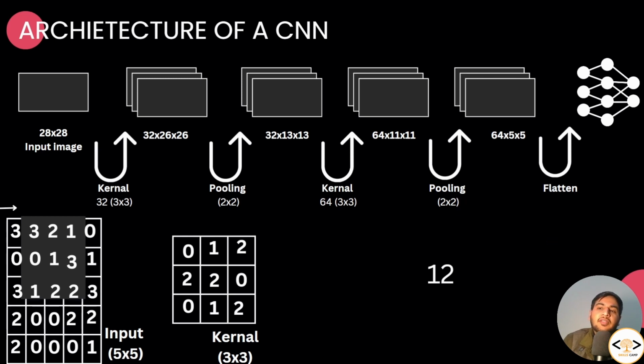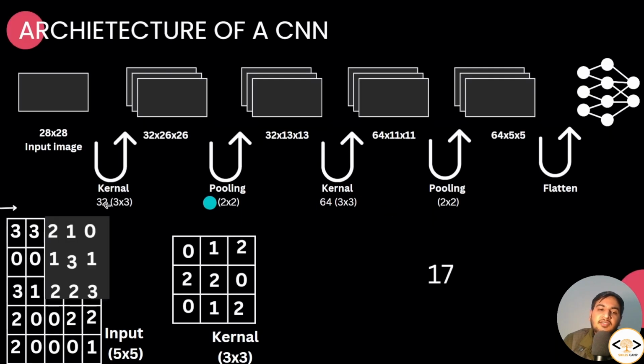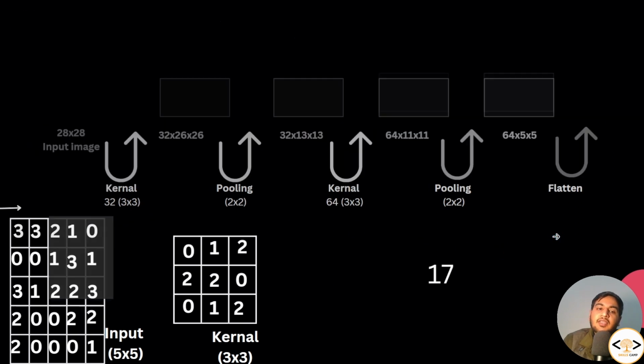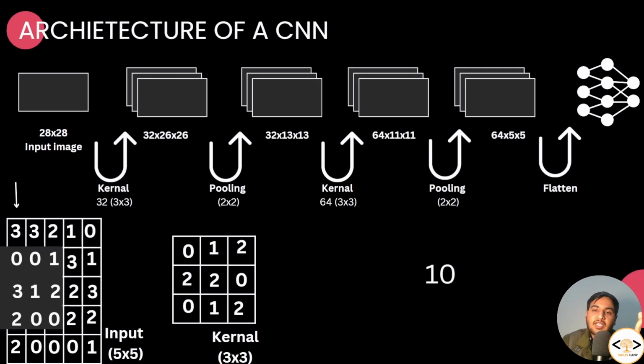You can also calculate it for your confirmation. Then for the next one, we move once again a bit forward and the answer would be 17. Then we move a single row downside, multiply that 3 by 3 matrix with the kernel, and the answer would be 10.